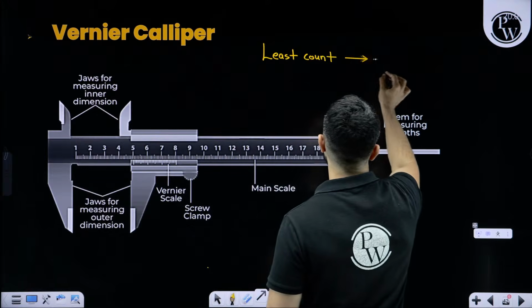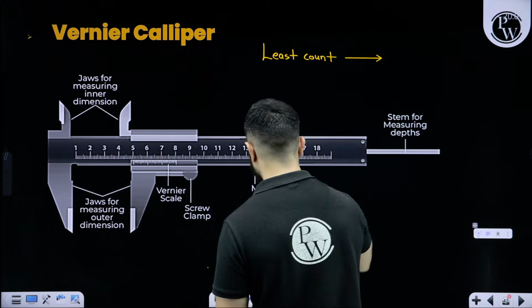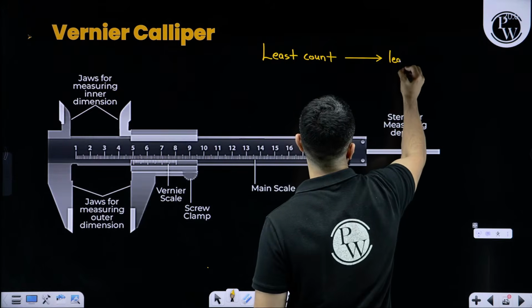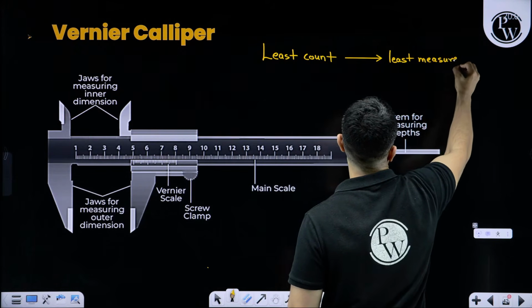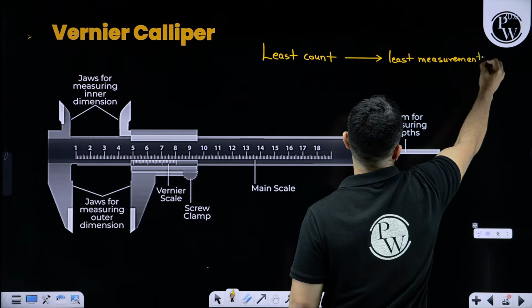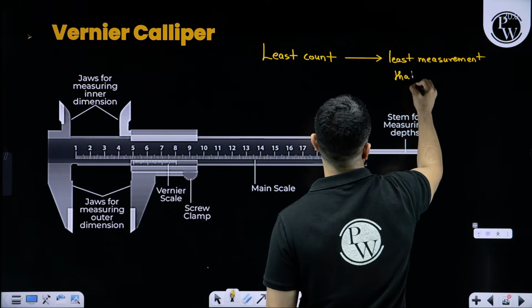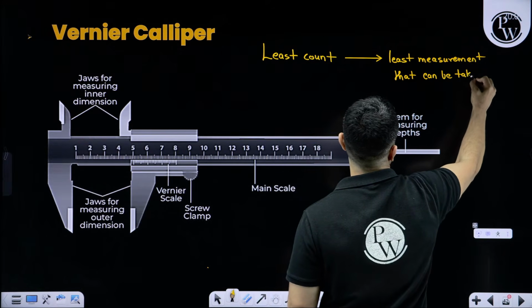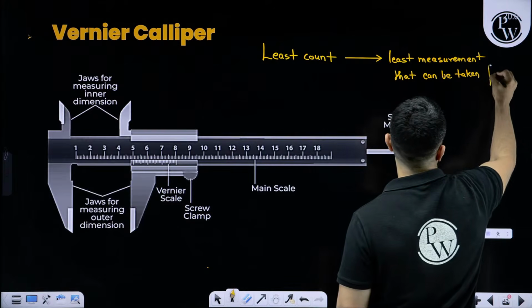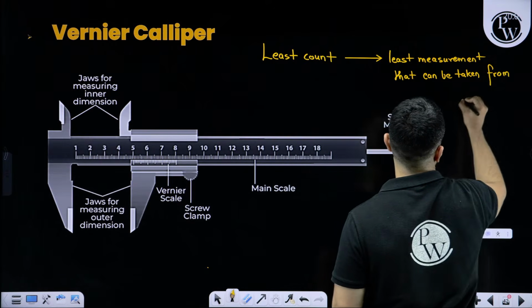Least count is the minimum measurement, the least measurement that can be taken from an instrument.